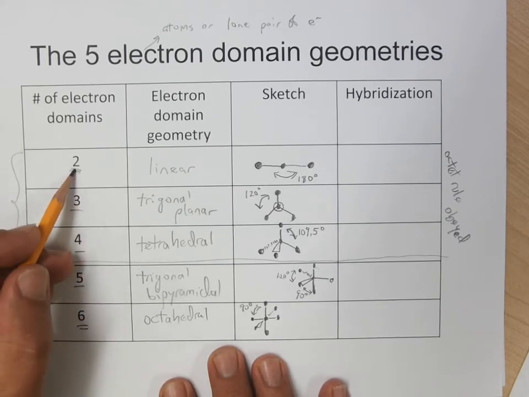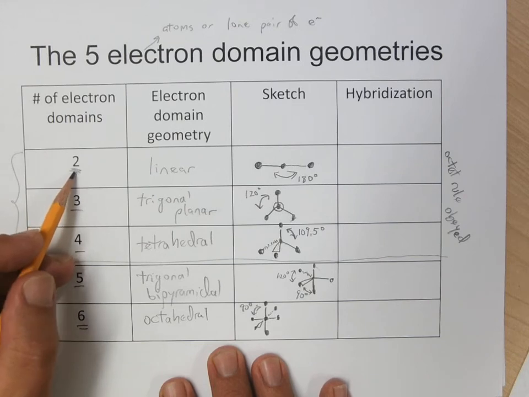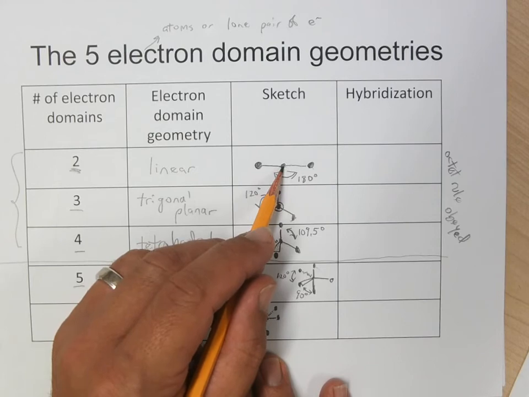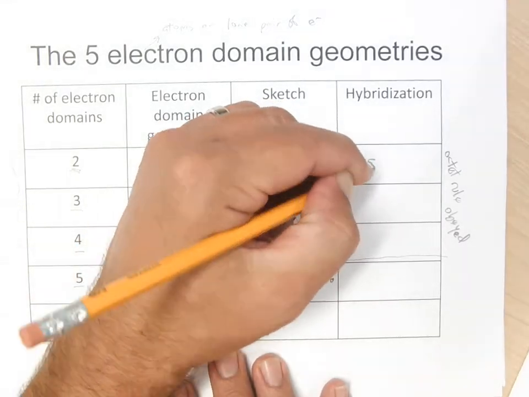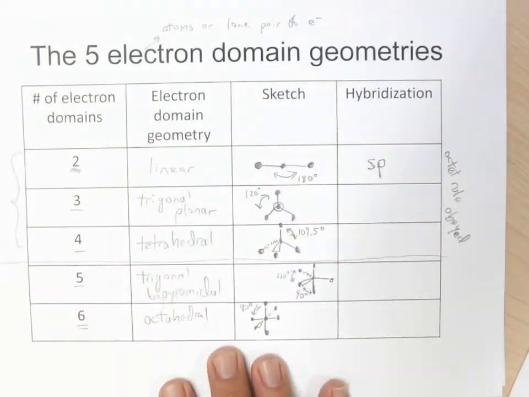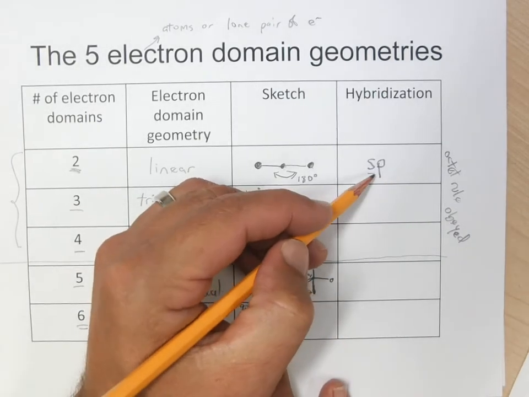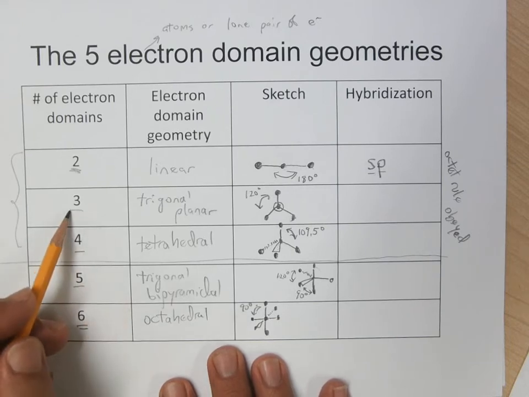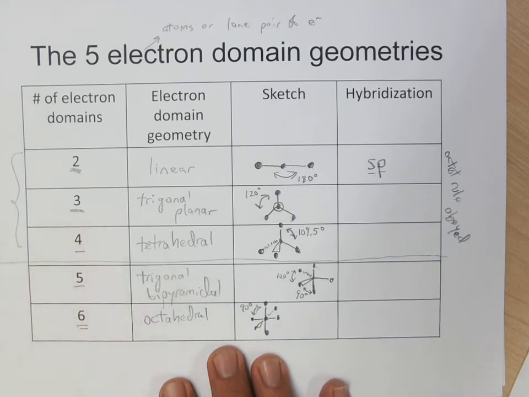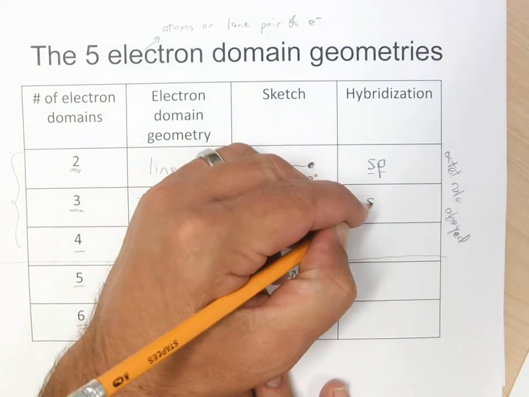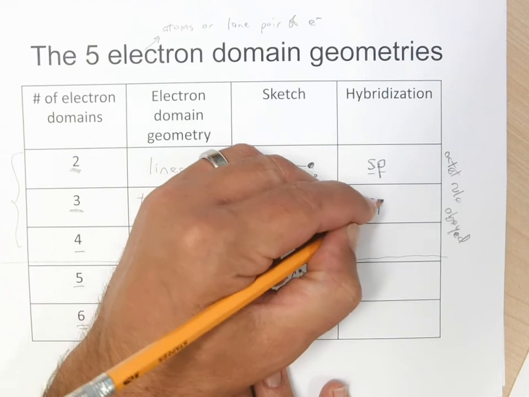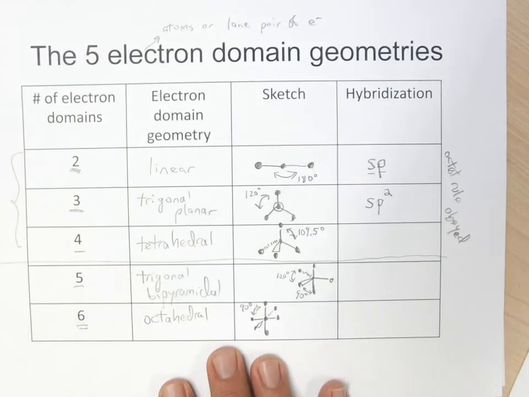So if you need 2 electron domains, you need 2 orbitals, one pointing in each direction, and the hybridization to achieve that geometry would be sp, from an s orbital and a p orbital getting involved in the bonding and putting this thing together. Now if you need a 3rd electron domain, you need another orbital. So you grab the s, which is the lowest energy orbital in the sublevel, and then you grab 2 p's.